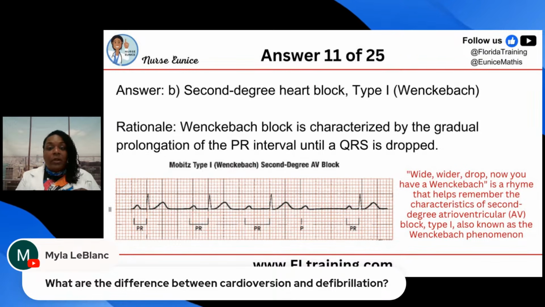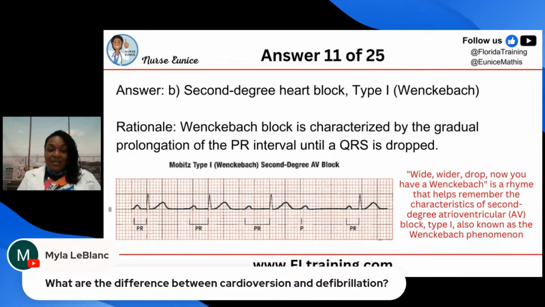So we're going to use less energy and we're going to sync it so that when the shock hits, it hits on the very tip of the QRS complex. And the person, whenever they get shocked, it's going to help slow down their heart rate. So when you think of synchronized cardioversion, think of someone who's still alive, who needs energy to reset their heart, but not so much energy.